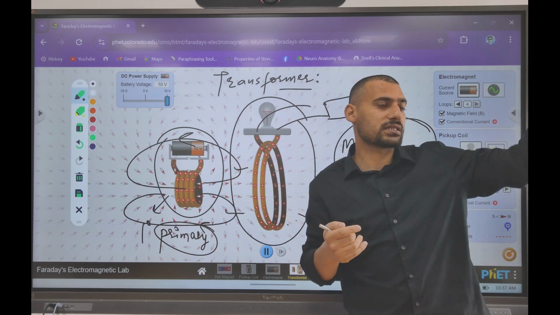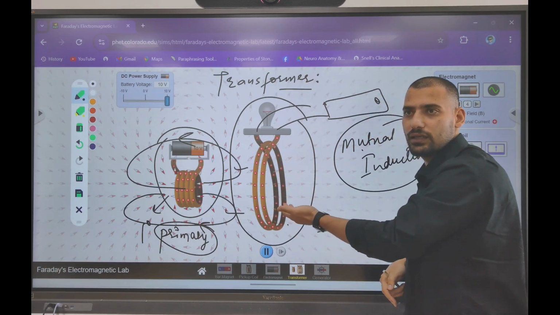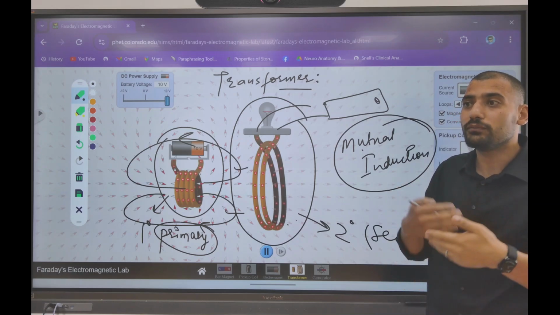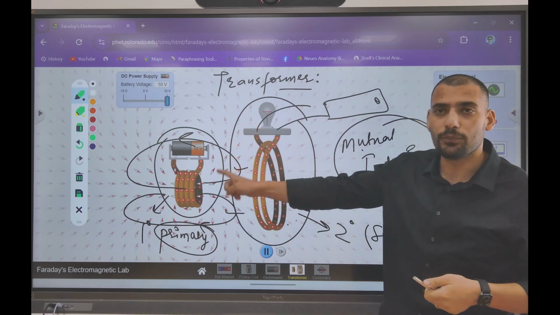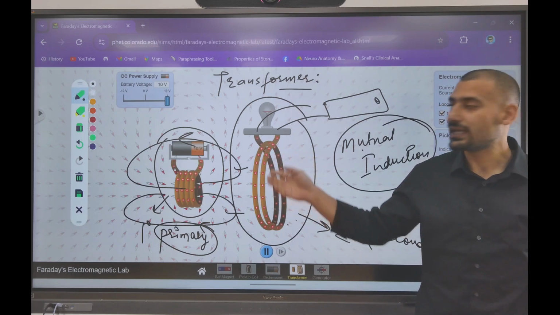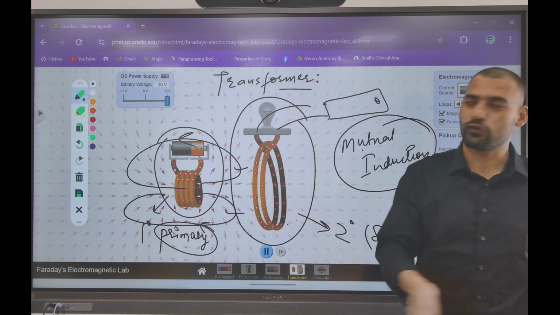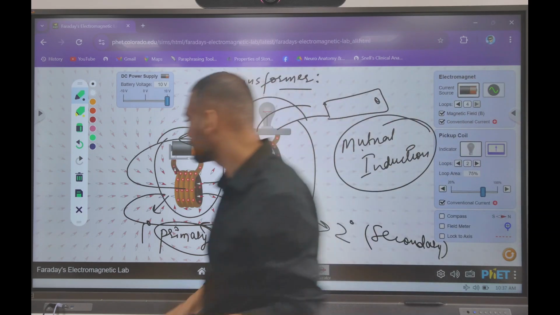Like in the previous case, when the magnetic field linked to a coil changes, it produces its own magnetic field such that it opposes the original magnetic field. For that, it has to produce current, and that current is the electromotive force, and that current helps this bulb to glow.